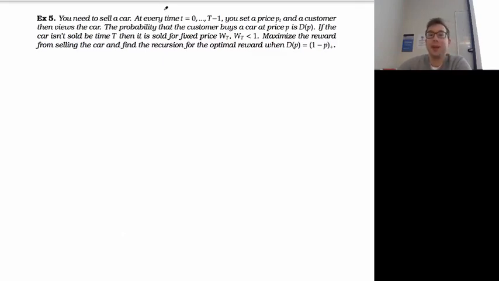At every time from t equals 0 to capital T minus 1, you set a price for the car, P of t, and a customer comes to see the car.